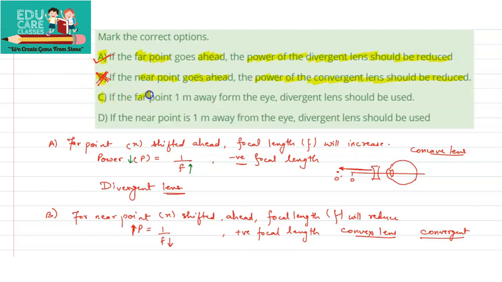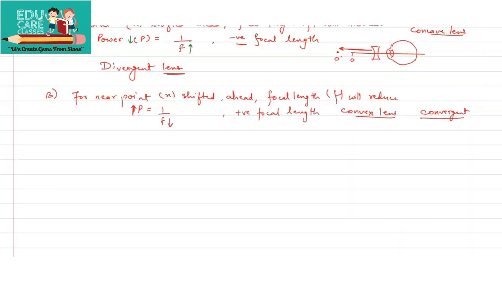Option C: if the far point is 1 meter away from the eye, a divergent lens should be used. If the far point is 1 meter away from the eye, then we need to use the diverging lens. Now in option C, we have to solve this.